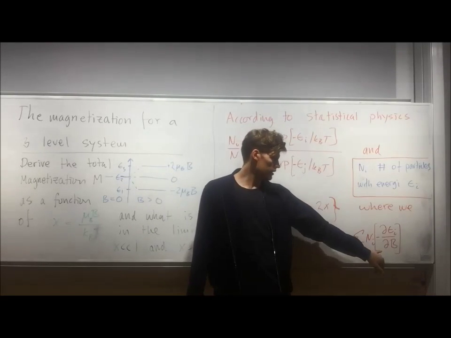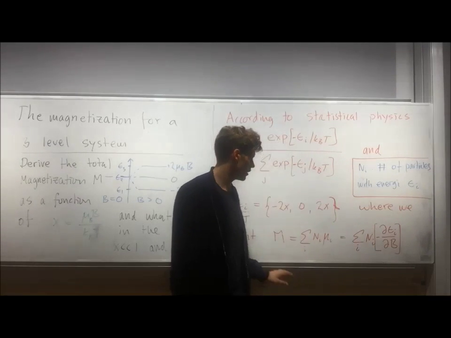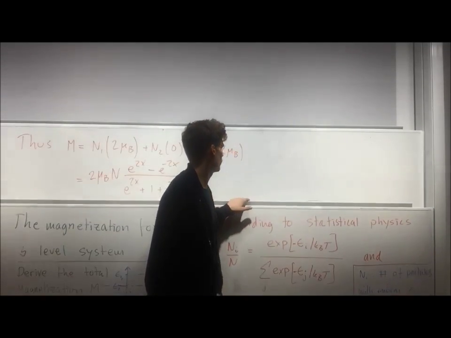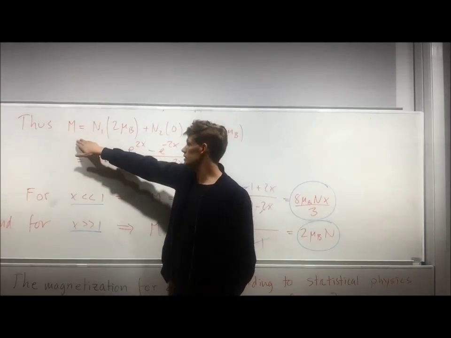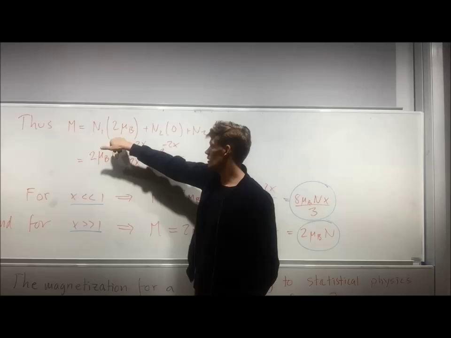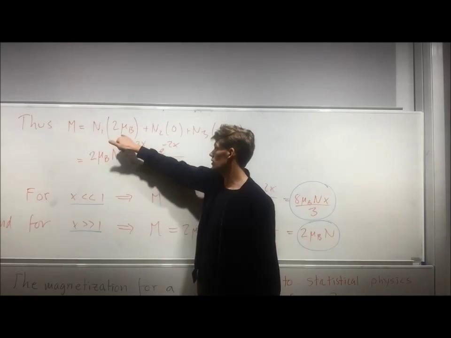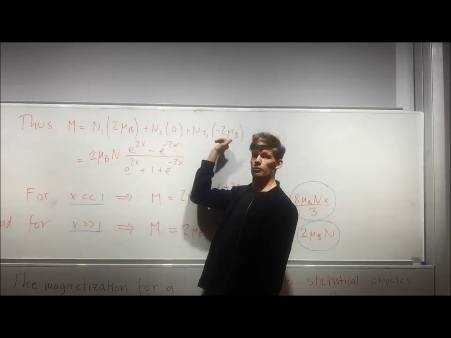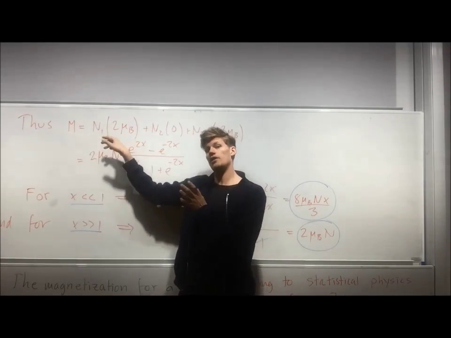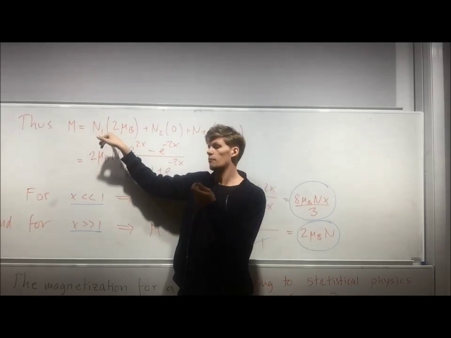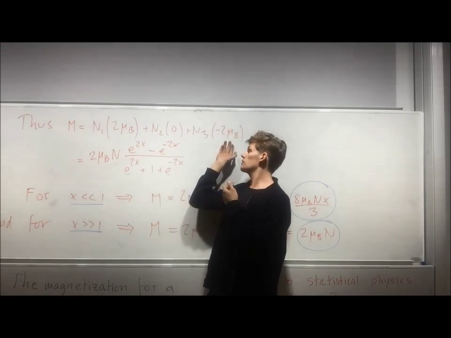And the magnetic moment is minus the derivative of the energies with respect to B. And thus, if we take this sum, the derivative with respect to B is, for the different cases, 2 mu B, 0, and minus 2 mu B. The derivative is actually minus in the first case, and the minus sign in front of the derivative gives you a positive sign, and the reverse is correct for this one.